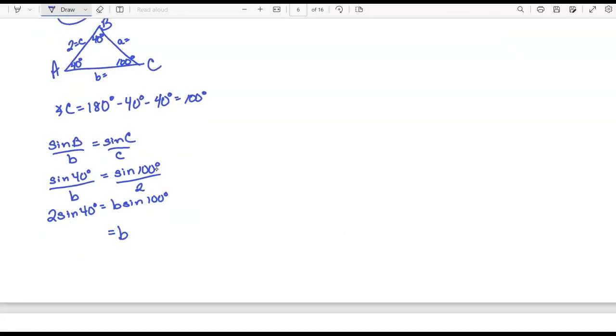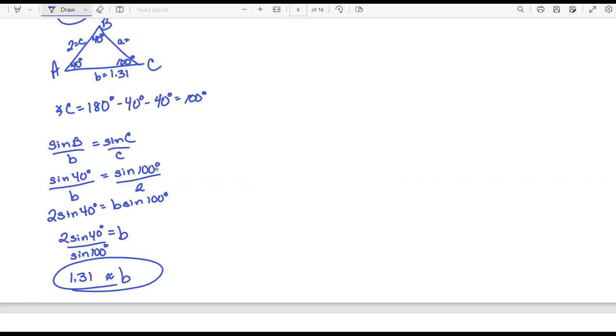And then B is going to be equal to 2 sine of 40 divided by sine of 100. Type this in your calculator. 2 sine of 40 divided by sine of 100. I got B to be about 1.31. So this side is about 1.31.